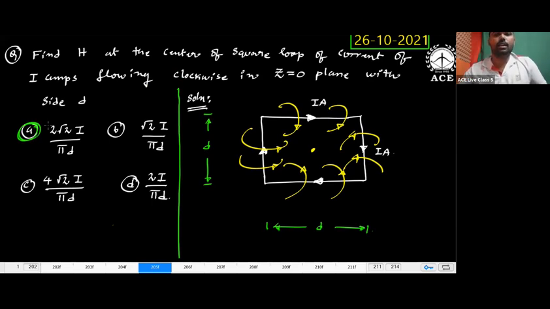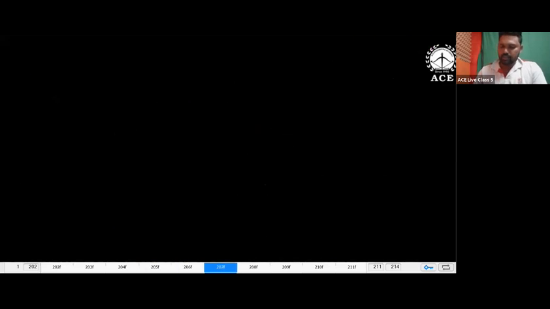Okay. Now I'm going to give a ready-made formula here. Let me turn the page, which will save our time. If you want to find the magnetic field for an n equal sided polygon, there is a ready-made formula.